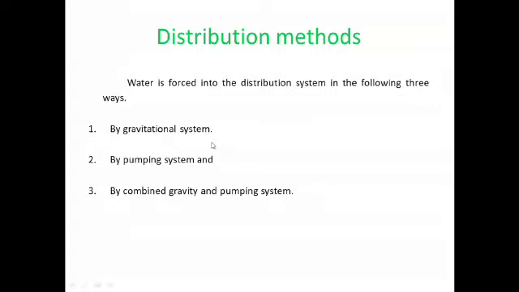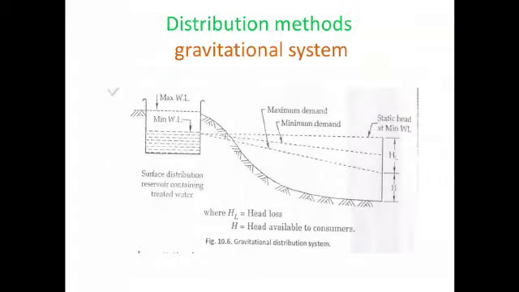And in the pumping system, it is not through gravity, but at all the points the water is being pumped, and for supplying also, it is with the help of pumps only that the water is supplied. And by combined gravity and pumping system, what I mean is both the methods are adopted. Partially the water will flow through gravity, and partially it is lifted with the help of pumps.